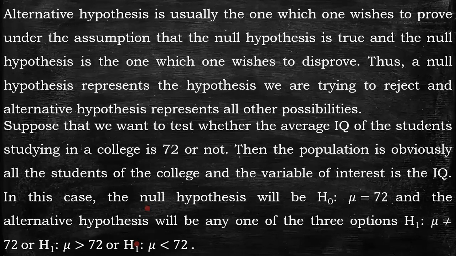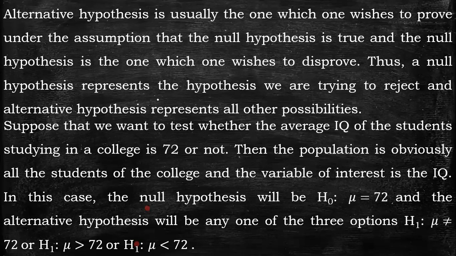The alternative hypothesis is usually the one which one wishes to prove under the assumption that the null hypothesis is true, and the null hypothesis is the one one wishes to disprove.